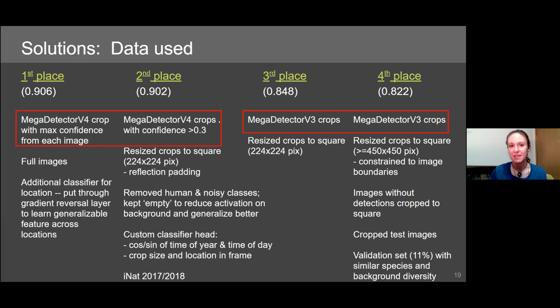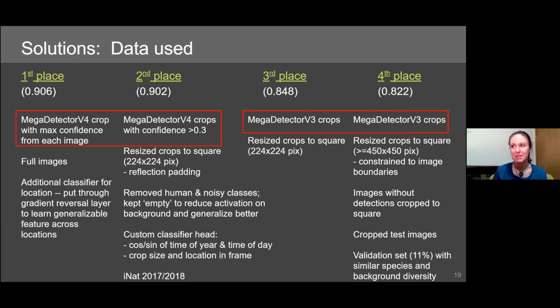The 1st and 2nd place teams especially noted that using the Megadetector 4 results gave them much better accuracy than version 3. Version 4 came out, I think, sometime between when they were preparing the competition and the closing date, so it's trained on more data and it's more accurate. 1st and 2nd place teams also curated the detections to take only the ones with higher confidences, and 3rd and 4th place teams didn't mention that they had done that.